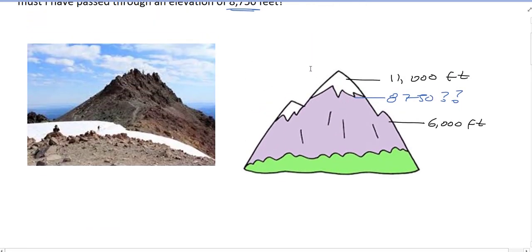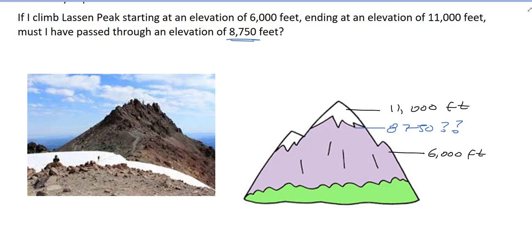So here, for example, back to my mountain hiking experience, my interval is going to be the time when I started hiking, that will be my AB, and then my function values are the elevations. So if I start at a particular time, say I start at 8 a.m., and then I end at, let's say, 1 p.m. when I reach the top, then that's my interval, 8 to 1.